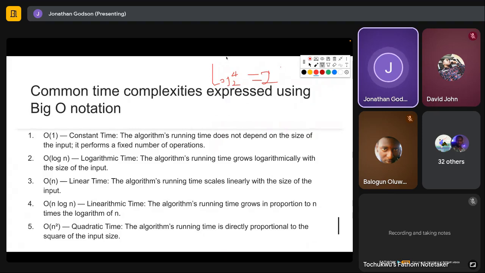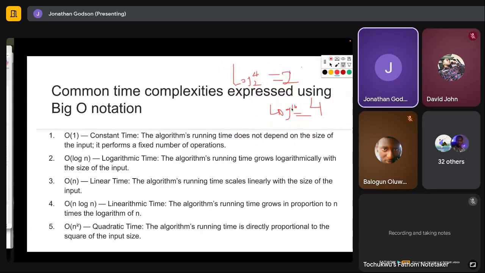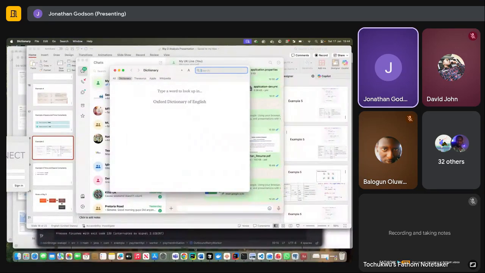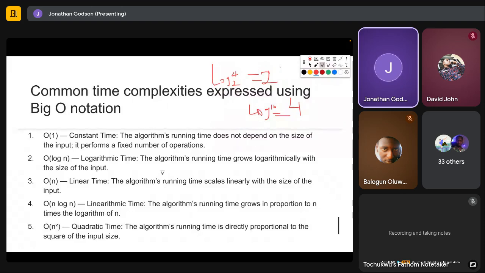And if you take the log of 8 or 16, log of 16 should give us 4, since 2 raised to the power 4 is 16. So there's not much change there. There's not much change for logarithmic time.